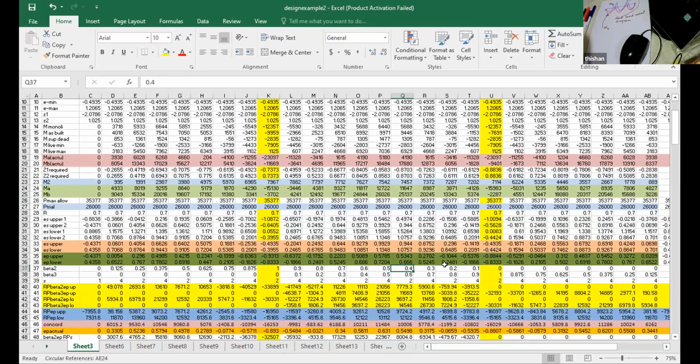If you are a big fan of Excel, you might write an equation, but here I have just divided it into 10 and entered these values manually.